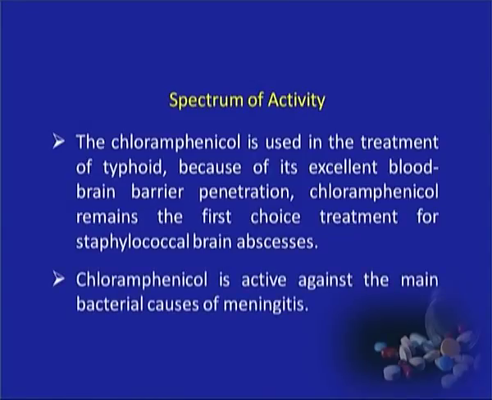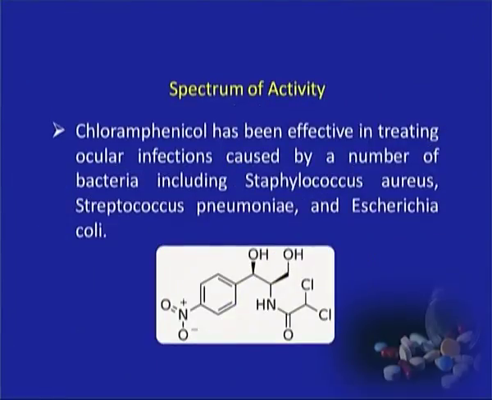It is active against the main bacterial causes of meningitis. Chloramphenicol has been effective in treating ocular infections caused by a number of bacteria, including Staphylococcus aureus, Streptococcus pneumoniae and Escherichia coli. But there are some side effects also.